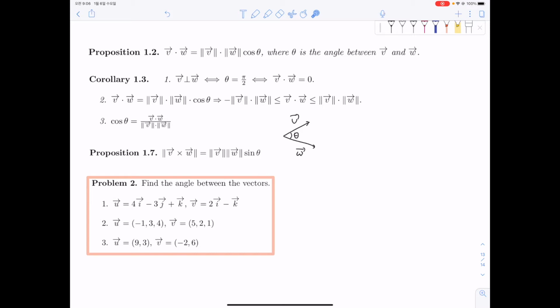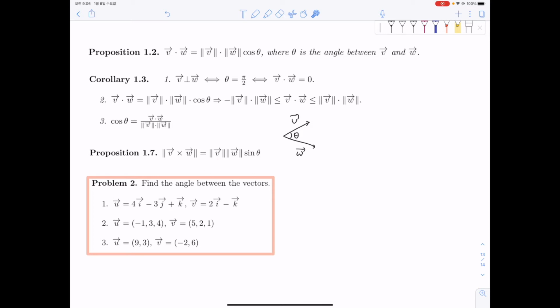And also using the cross product, we can find theta by using this equation. Okay, but you know that the cross product only holds in R3, right? The dot product is defined in Rn, but this cross product is only for R3.